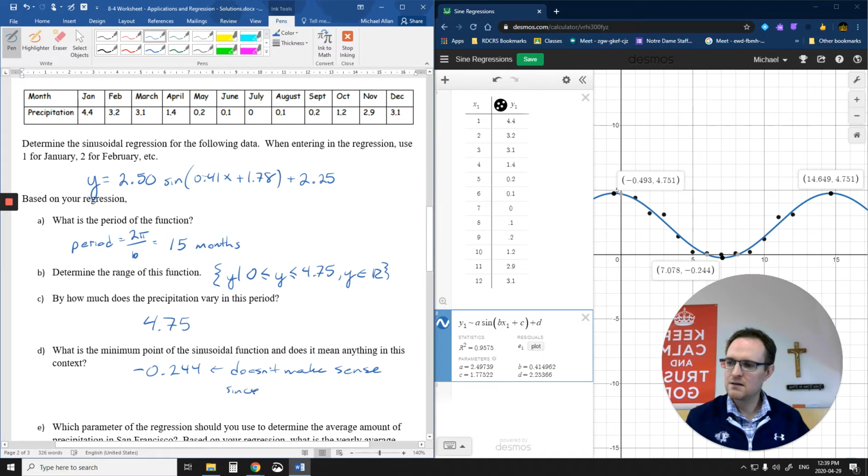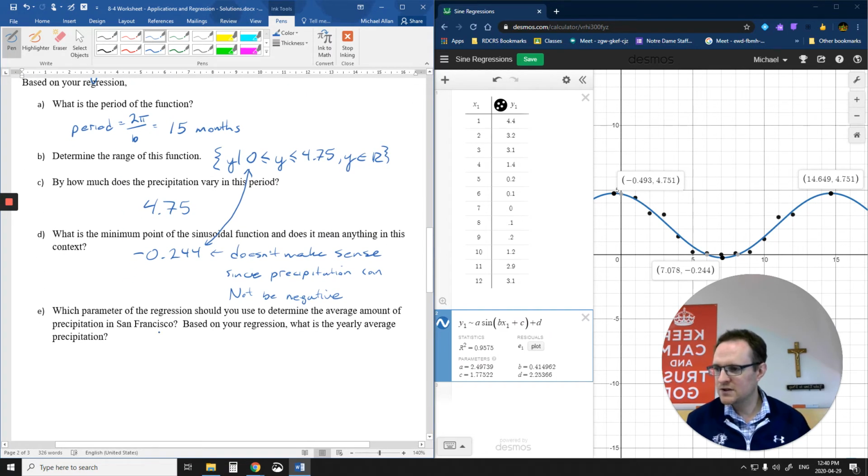I know my writing's been horrible lately. Precipitation cannot be negative. So actually the minimum point should be 0, right? That's why. So I'm just going to mention that. We're going to put a little arrow here. Okay.